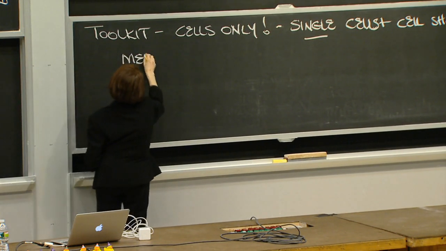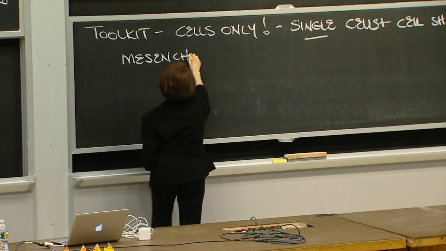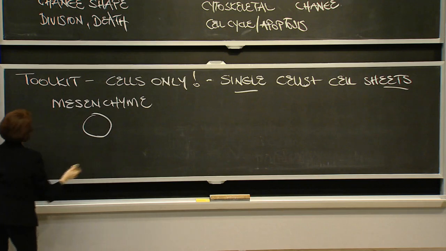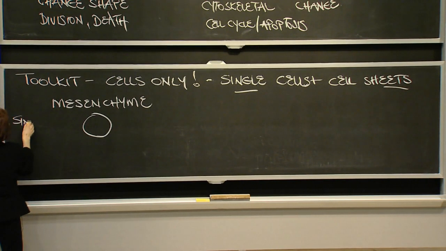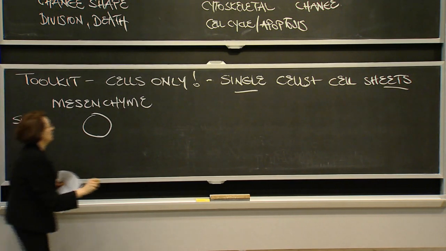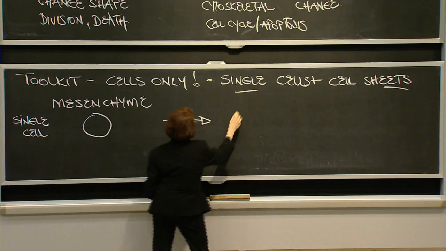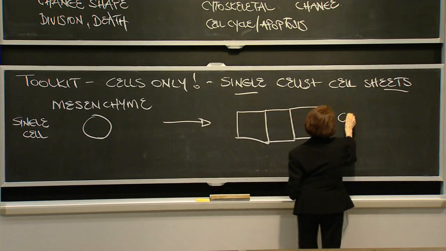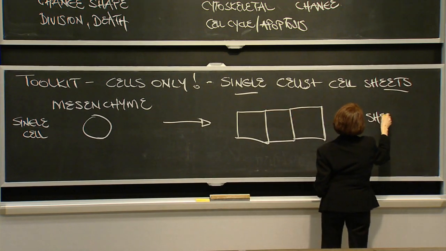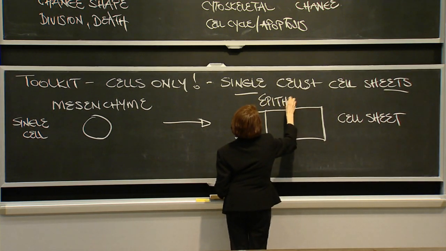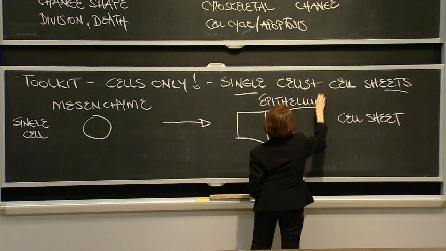Single cells are also called mesenchyme. Here they are, single cells. And groups of mesenchymal cells can associate to become sheets of cells. And these sheets are called epithelia, or singular, epithelium.